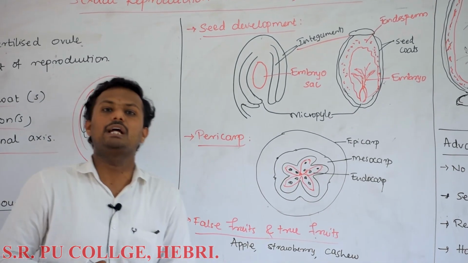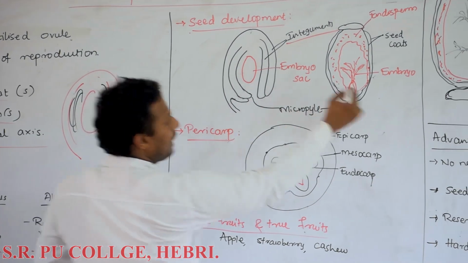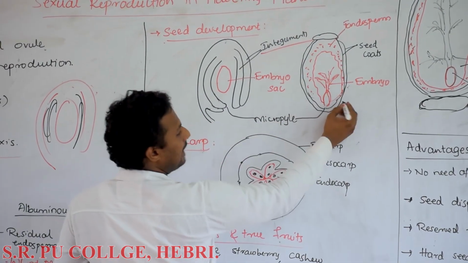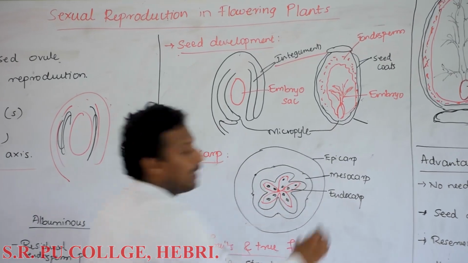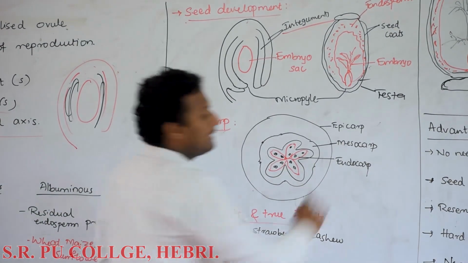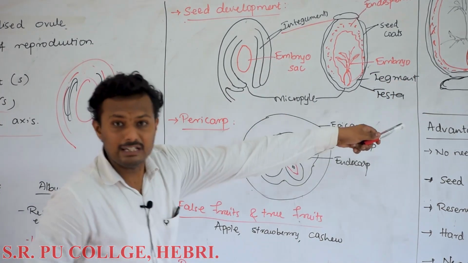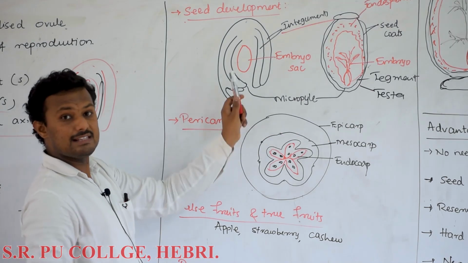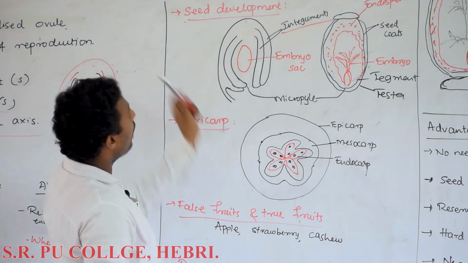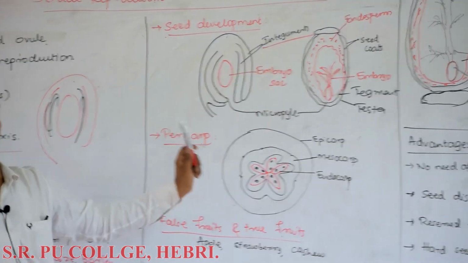Usually in dicot seeds, there are two seed coats. Look at this diagram, the outer seed coat will be called testa, and the inner seed coat will be called tegmen. Testa and tegmen. Testa is derived from the outer integument. Tegmen is derived from the inner integument.